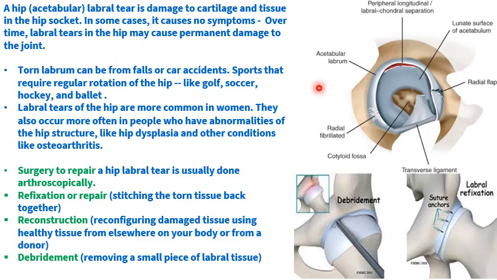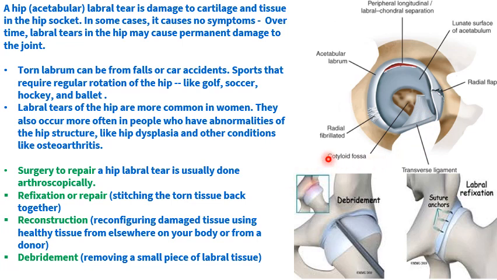There can be acetabular labrum tears, which can also lead to dislocation, because as we said, the labrum tightly packs the head into the acetabular socket. So when there is any damage to the acetabular labrum, then there can be dislocation, and it can be noted by MRI.